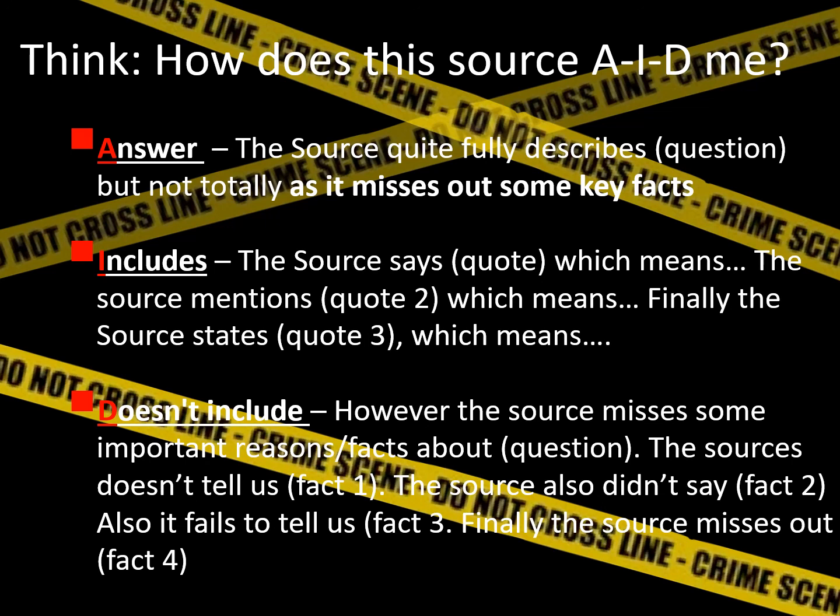So you have to say something like, the source doesn't tell us about how you get cholera. I know it comes from contaminated water. And then you do that twice after that. So the source also doesn't say anything about why doctors couldn't cure it. I know that they didn't believe in germs. Something like that. So 3 facts from the source and 3 things from your own head.